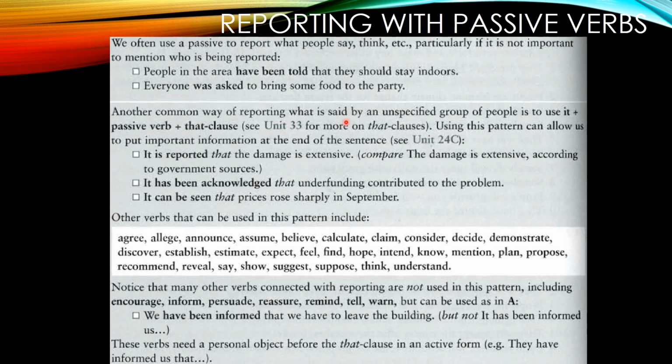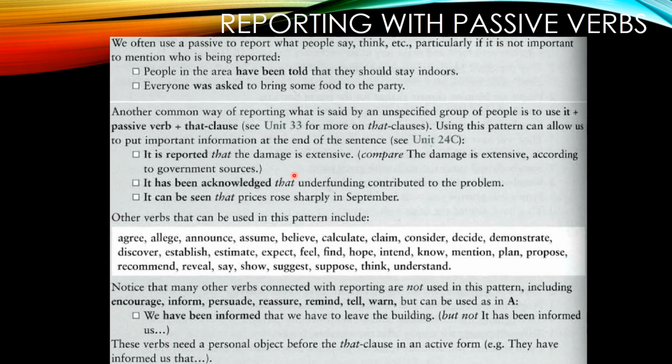Another common way of reporting what is said by an unspecified group of people is to use it plus passive verb plus that clause. Using this pattern can allow us to put important information at the end of this sentence. Look at these examples. It is reported that the damage is extensive, and compare it with the damage is extensive according to the government sources.